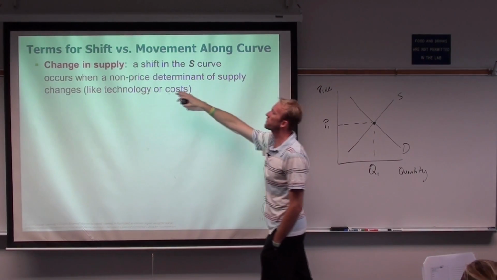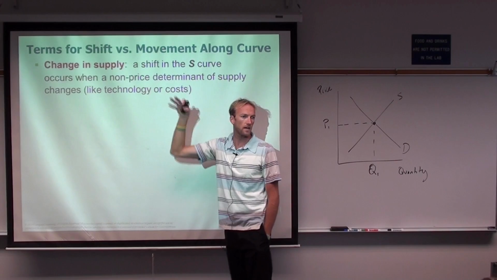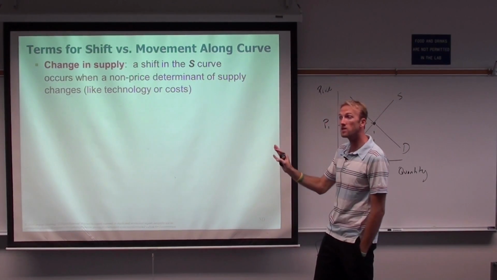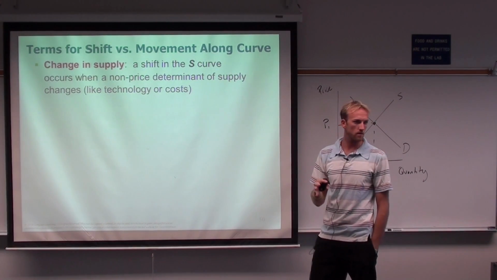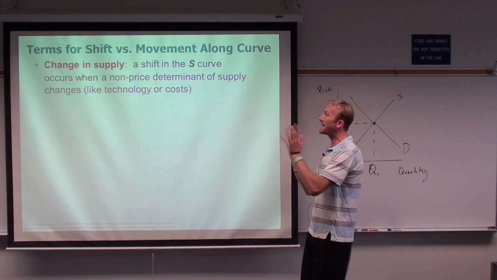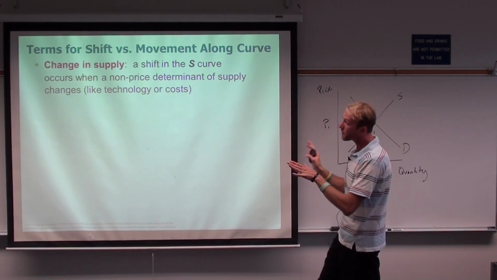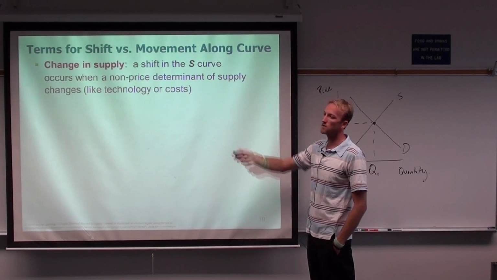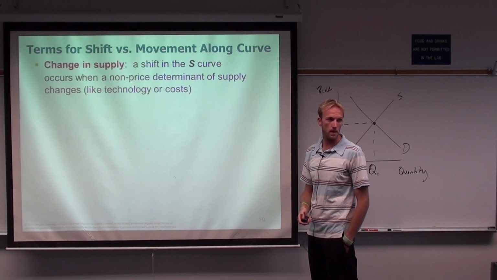Because if the price changes, then I just slide along the curve. Anything but price changes, the curve itself moves. So anytime a non-price determinant changes, my whole supply curve moves in the graph.